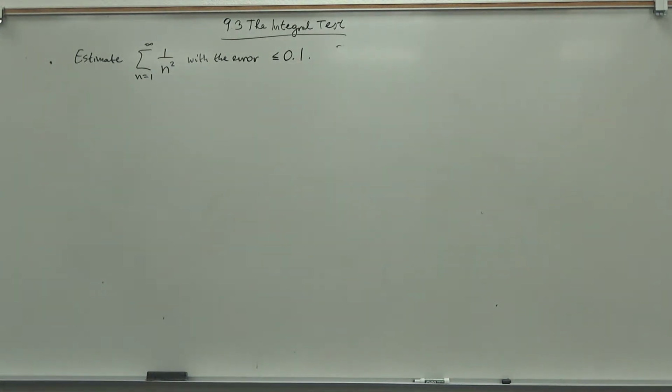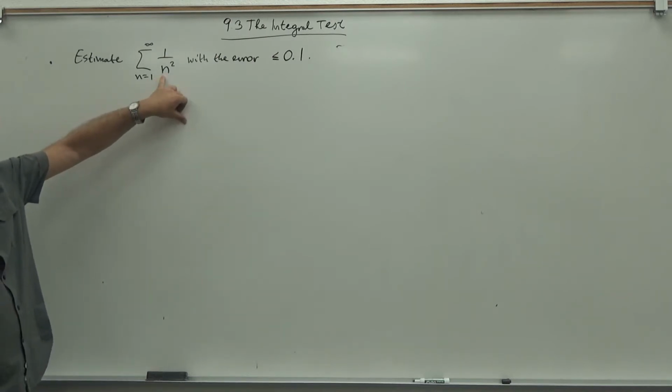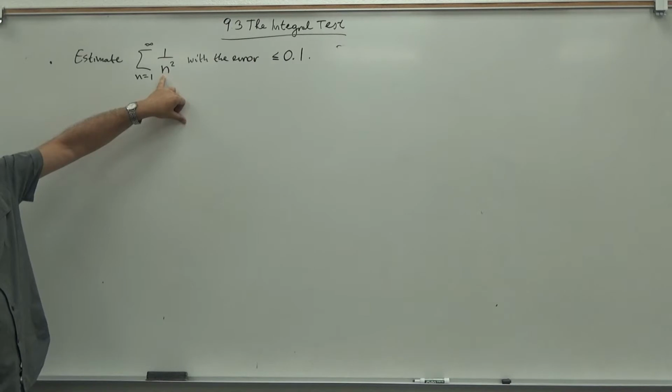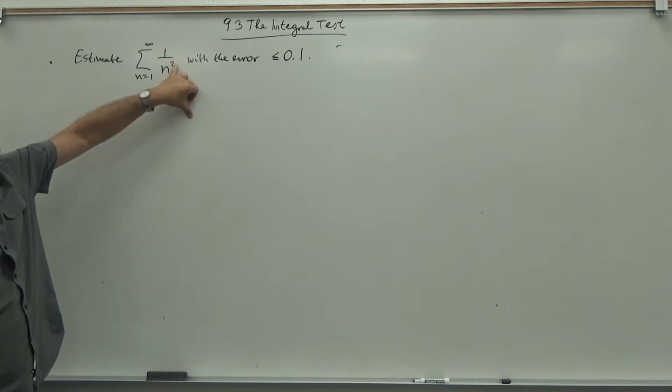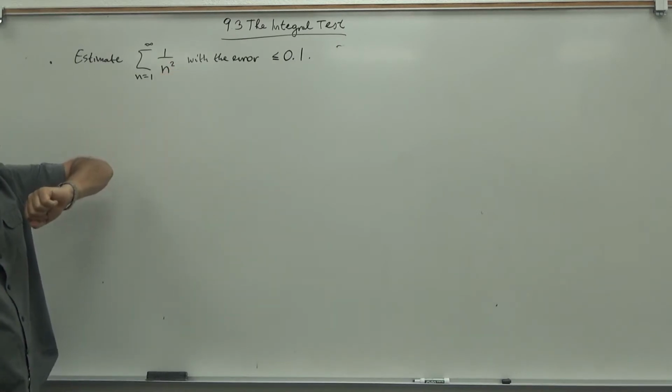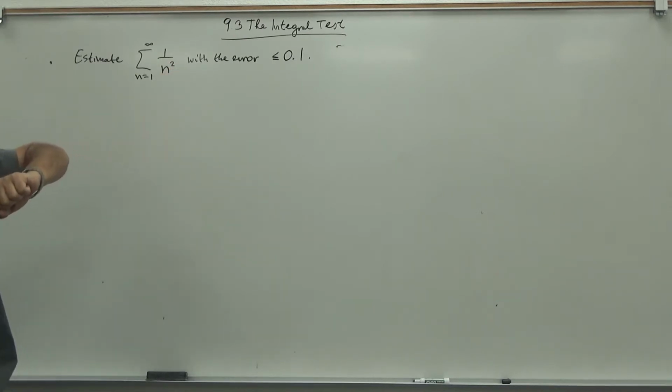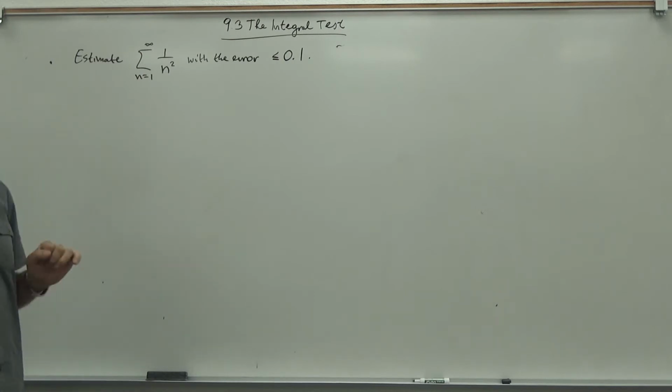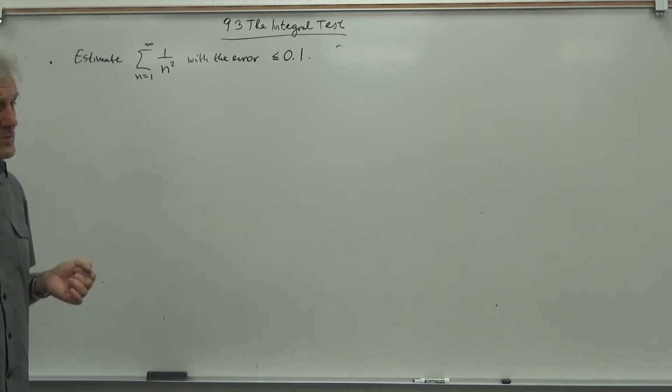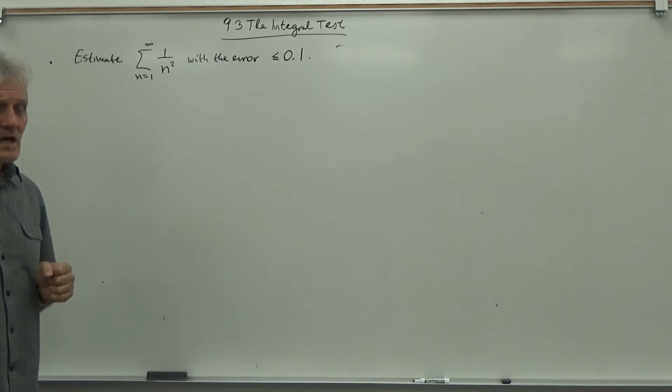So this is a topic called error estimate. A minute ago, we saw that this integral converges. And from the p-test, whenever this exponent is greater than 1, then the series will converge. So this one converges.